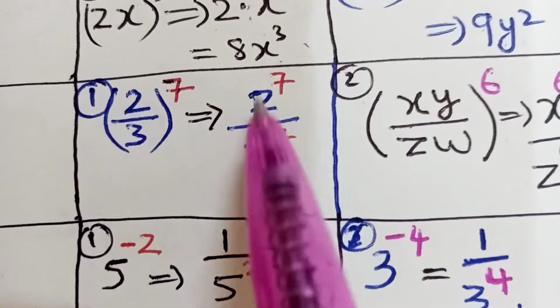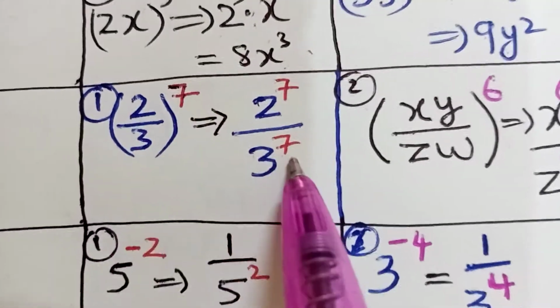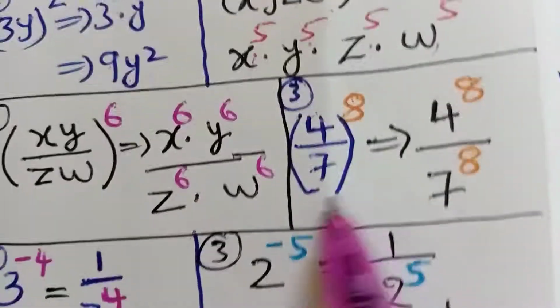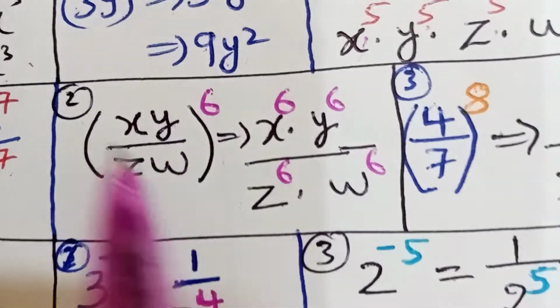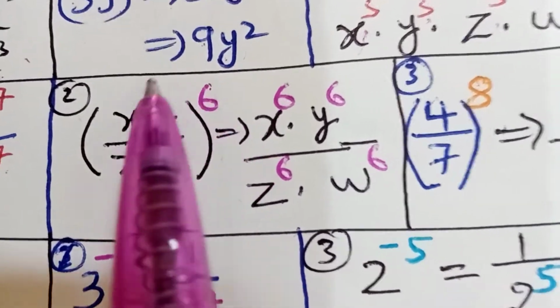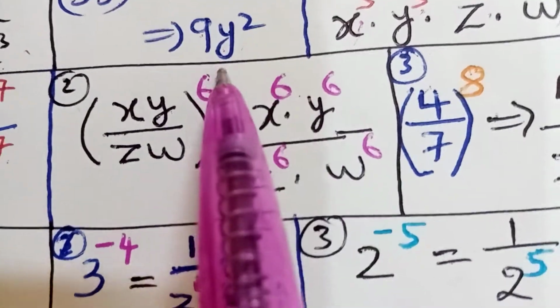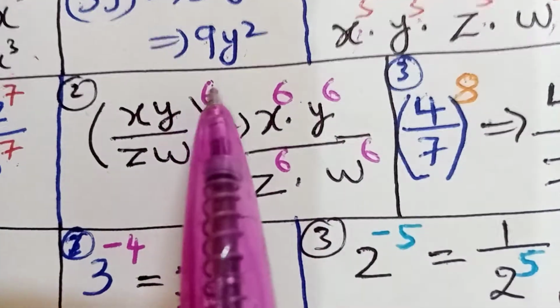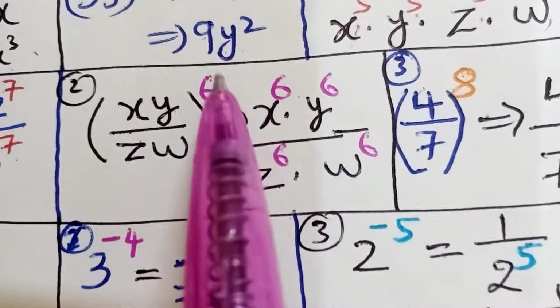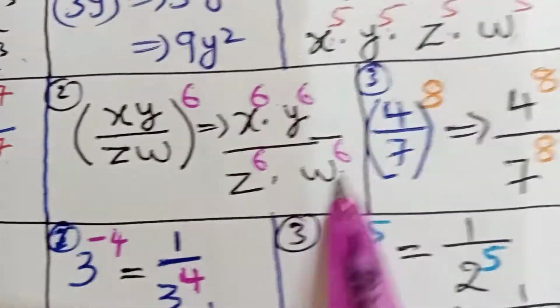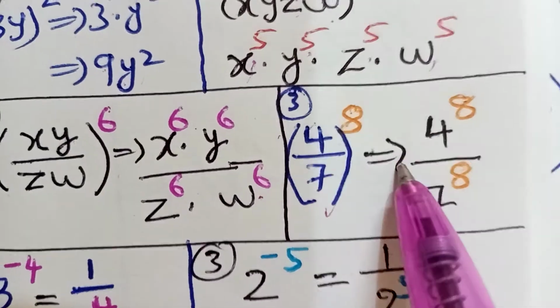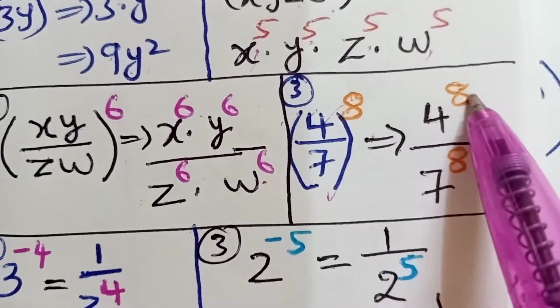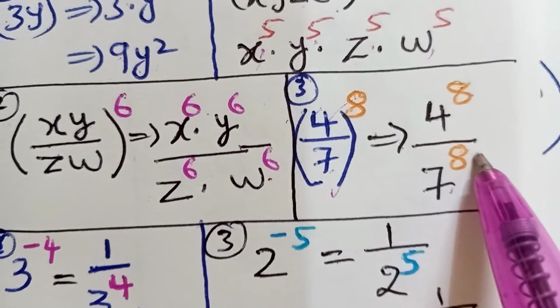So 2 power of 7, 3 power of 7. Next, x into y by z into w power 6. x power of 6, y power of 6, z power of 6, w power of 6. Next, 4 by 7 power of 8 means 4 to the power of 8, 7 to the power of 8.